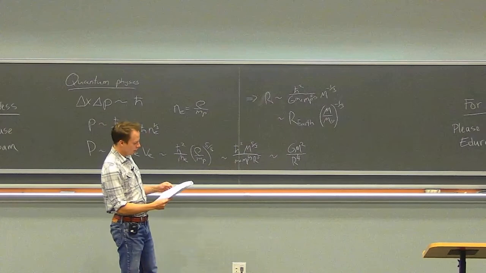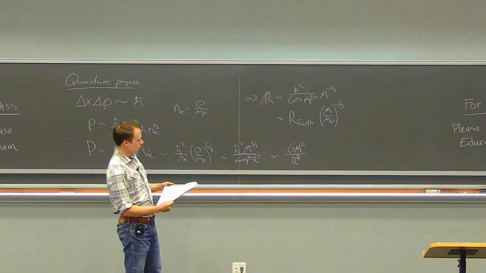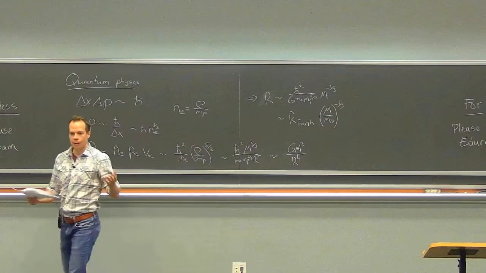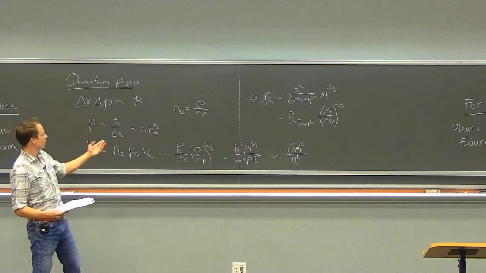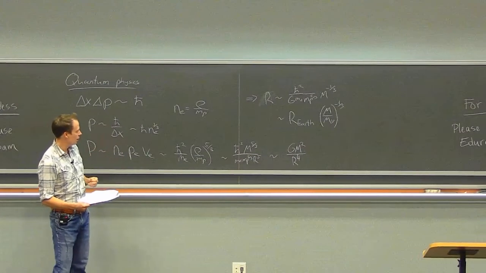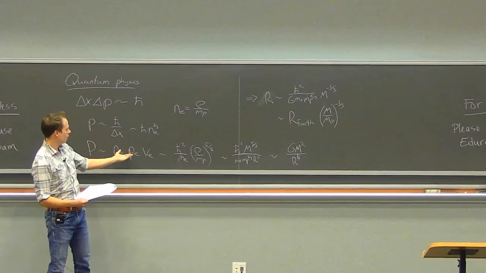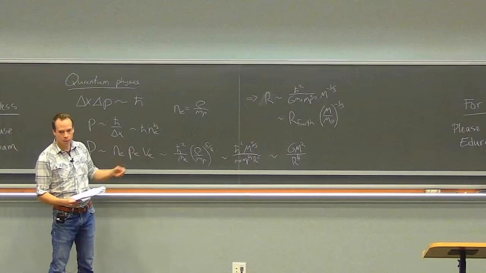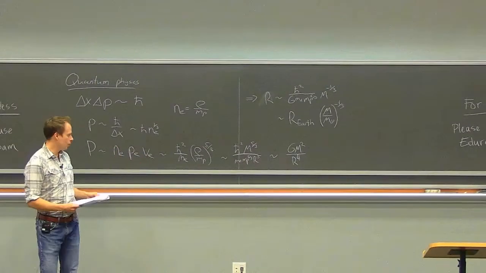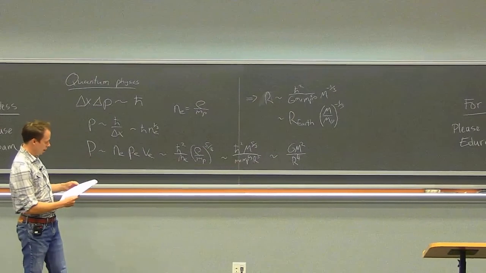Okay, so what happens if we make the white dwarf more and more massive? Well, more and more massive means these momenta are getting larger and larger, and eventually it's going to correspond to a speed that approaches the speed of light. So the velocity will no longer just be momentum divided by mass.